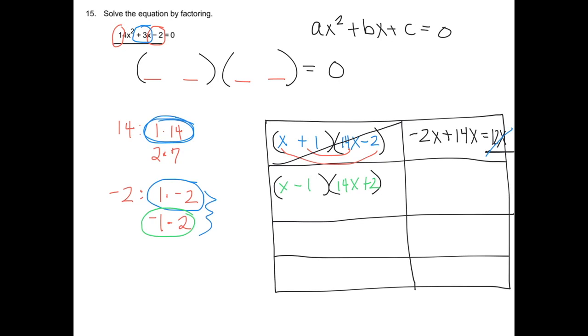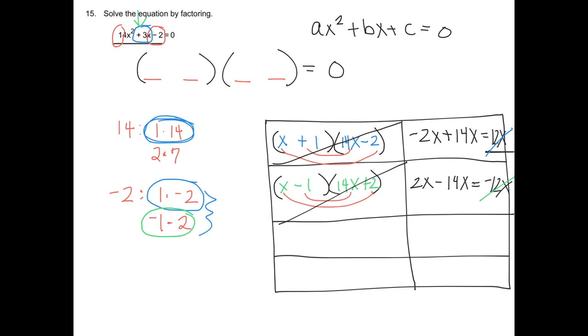And again, we'll multiply the outer terms together. That will give me a 2x. And the inner terms together. That gives me a negative 14x. 2x minus 14x is a negative 12x. Negative 12x does not equal the middle term of positive 3x, so that combination will not work.